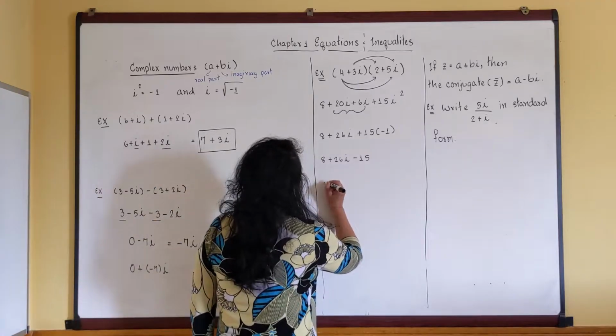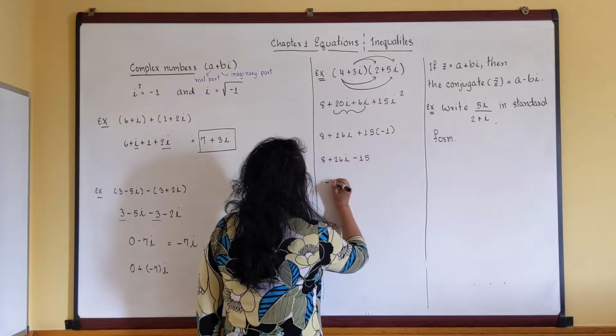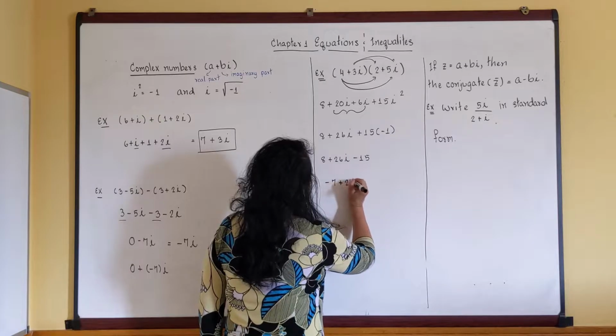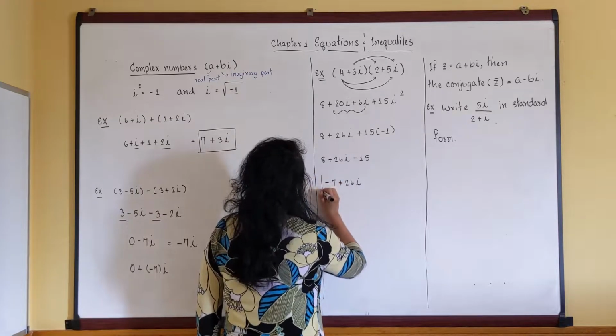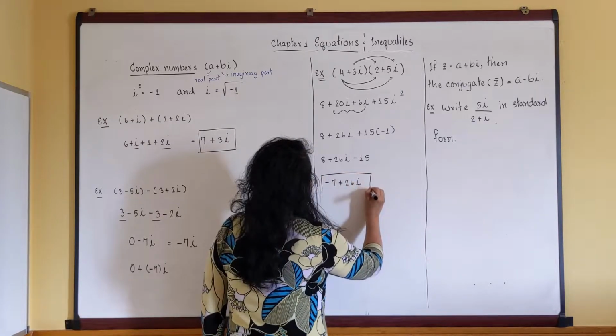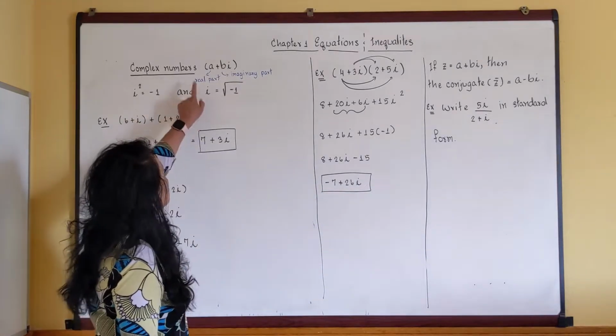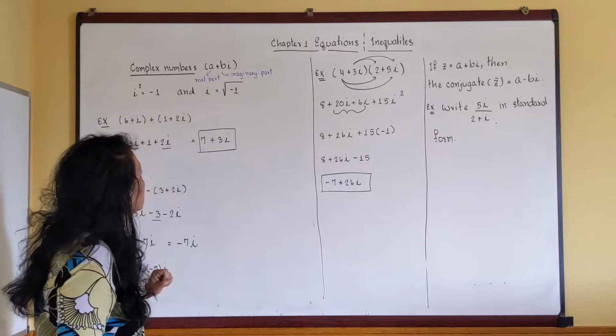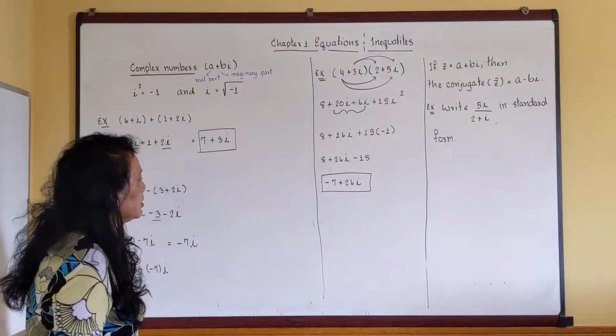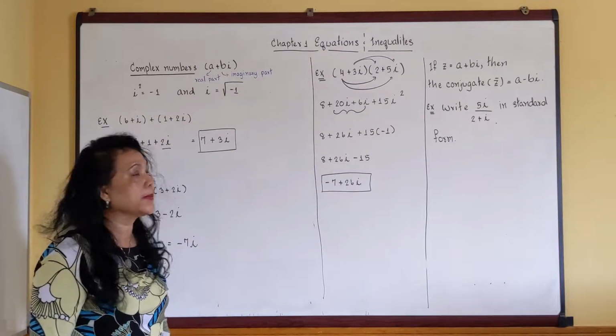So this is going to be -7 plus 26i. So it's in the standard form a plus bi. Real part is -7, imaginary part is 26i.